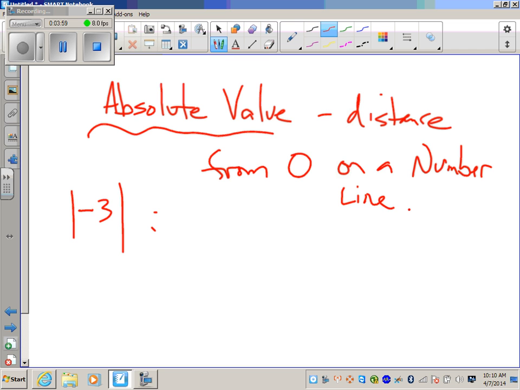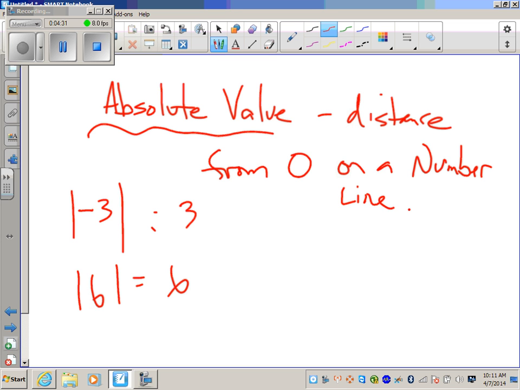So if they were to ask you the absolute value of a -3, in other words, what they're asking you is, how many places from 0 would you find a -3? 3. If they were to ask you the absolute value of a +6, they're asking you how many places from 0 would you find a +6? 6. Not -6, but 6.